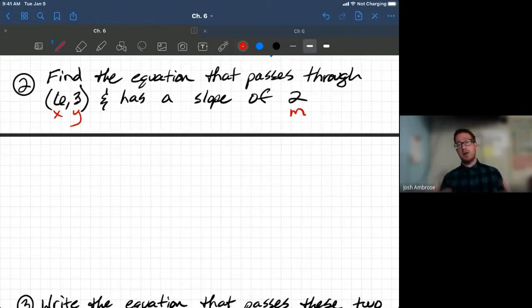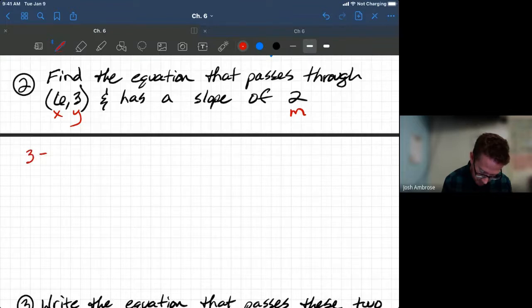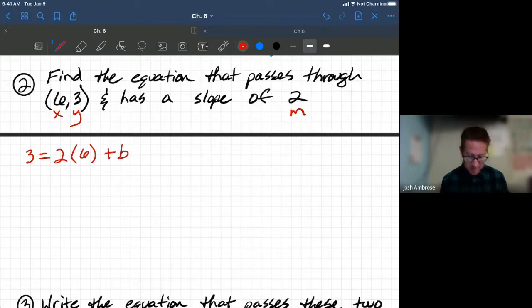So plug all of that into the slope-intercept equation. All right, so we have 3 equals 2 multiplied by 6 plus b. Okay, so that is what we're setting up, and we need to solve for b.